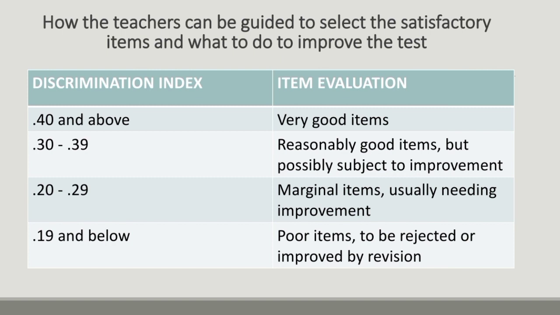Point 40 and above: very good items. Point 30 up to point 39: reasonably good items but possibly subject to improvement. Point 20 to point 29: marginal items usually needing improvement. And lastly, point 19 and below: items to be rejected or improved by revision.